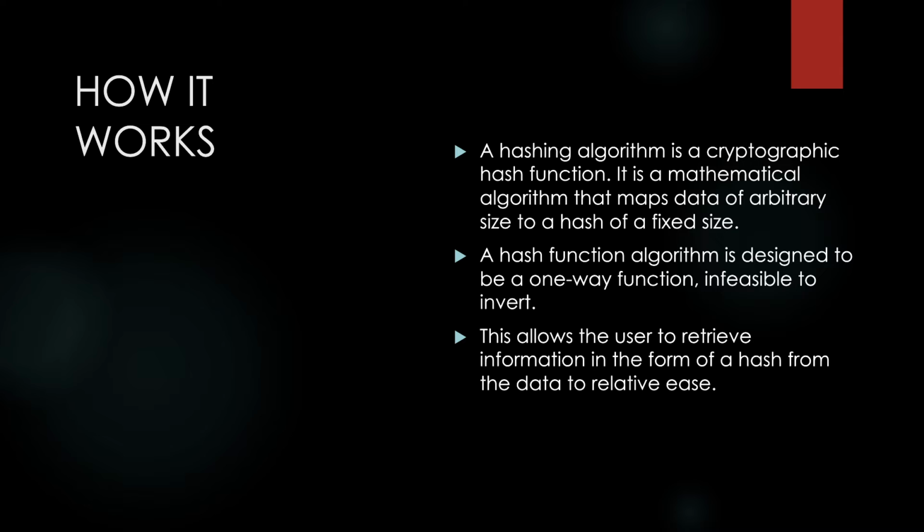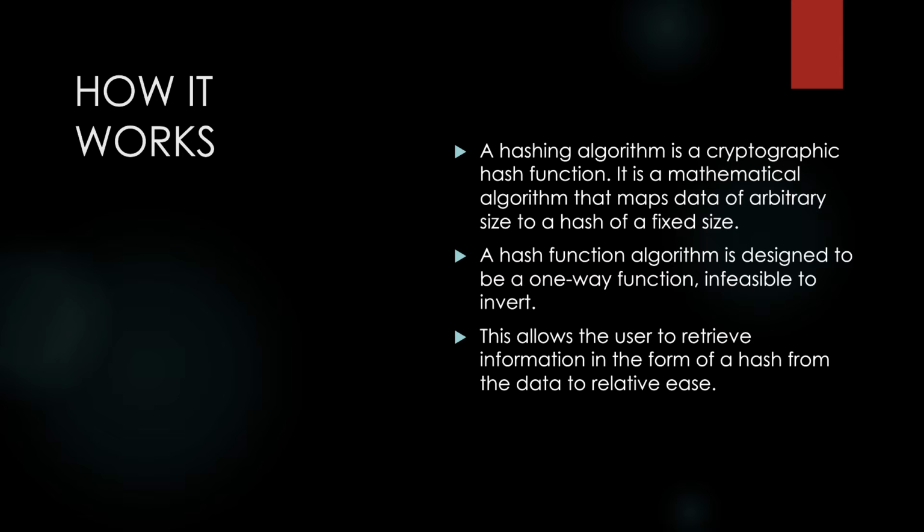A hashing algorithm is a cryptographic hash function. It is a mathematical algorithm that maps data of arbitrary size to a hash of a fixed size, a size that normally never changes and allows us to keep information the same. The hash function algorithm is designed to be a one-way function and infeasible to invert.